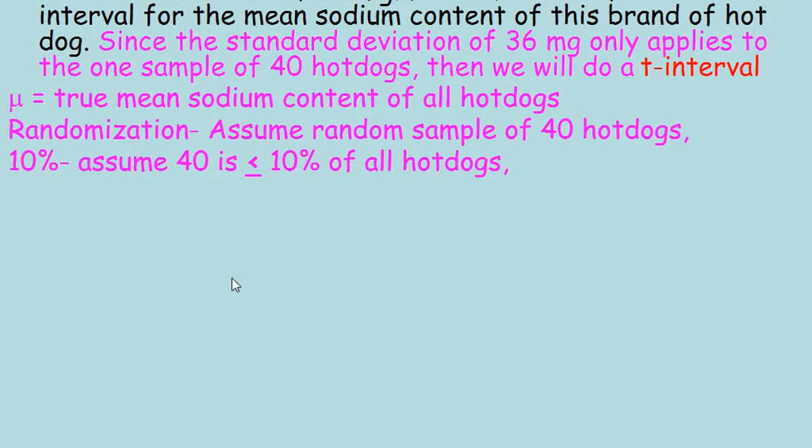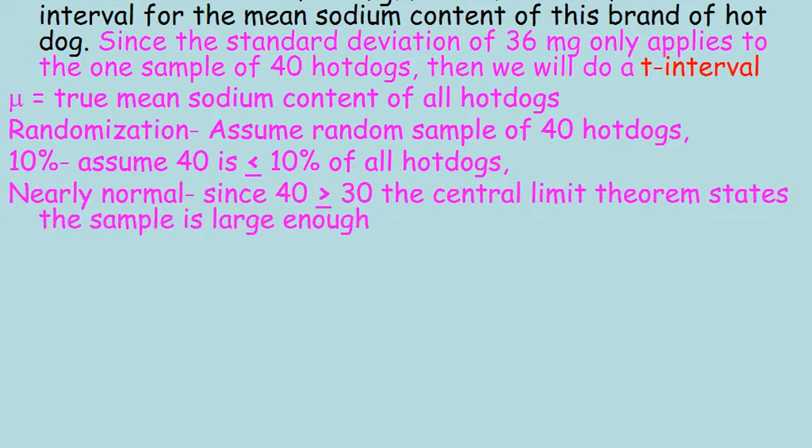Now, the large enough condition, or you can call it nearly normal. Although the problem doesn't say you have normally distributed data, since your sample is at least 30, it will be large enough because of the central limit theorem.